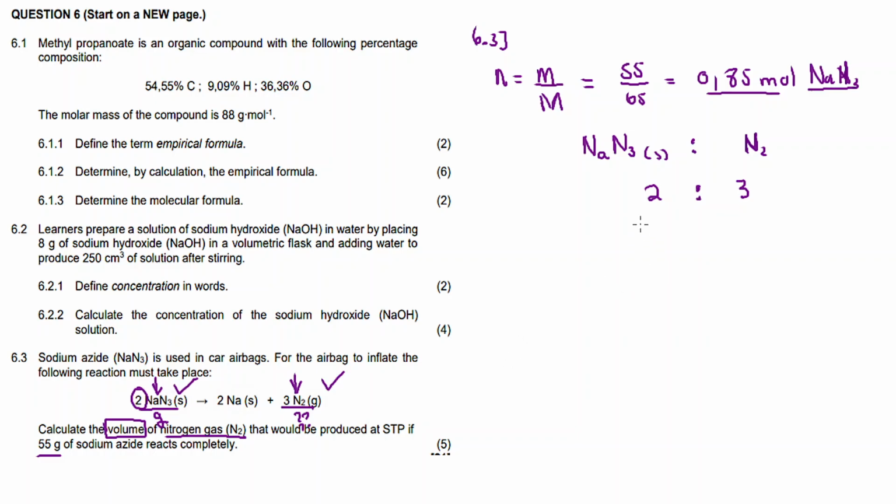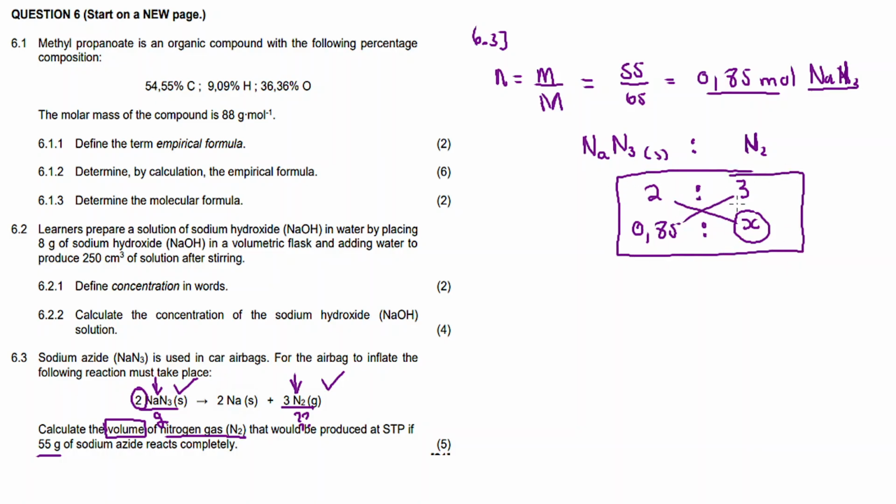So we want to know, if this amount of sodium azide reacts, how much nitrogen gas is formed. This answer will not be a volume, but instead the number of moles of nitrogen gas that will be produced. So now that I have the ratios in place, I cross multiply and solve for x.